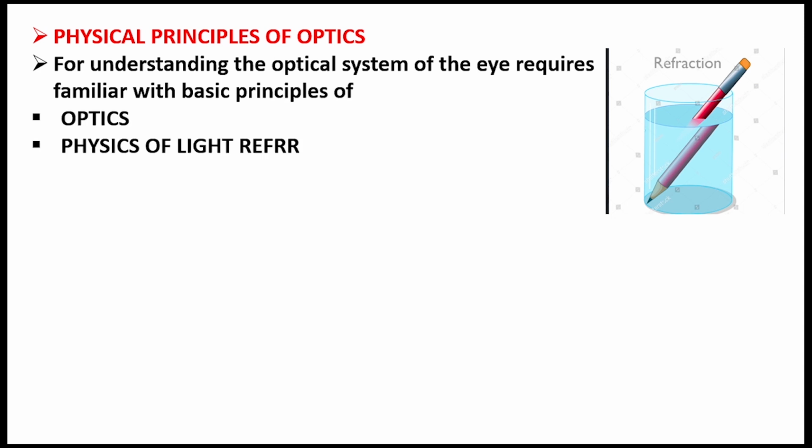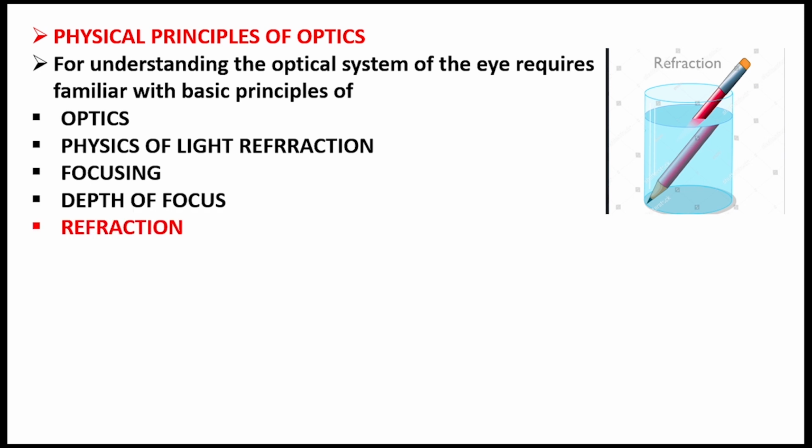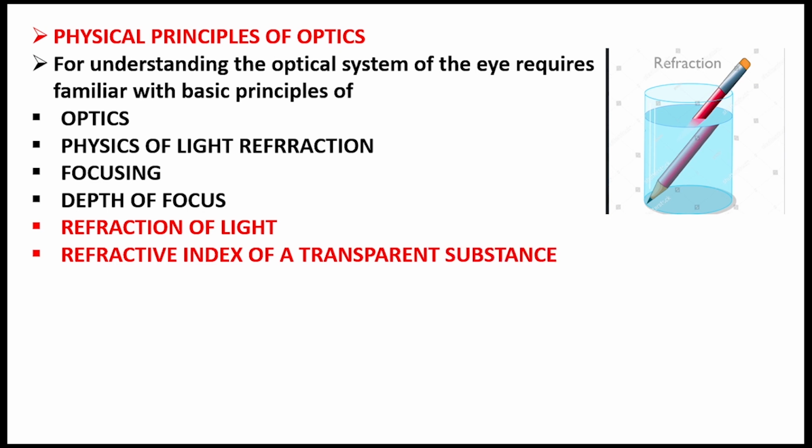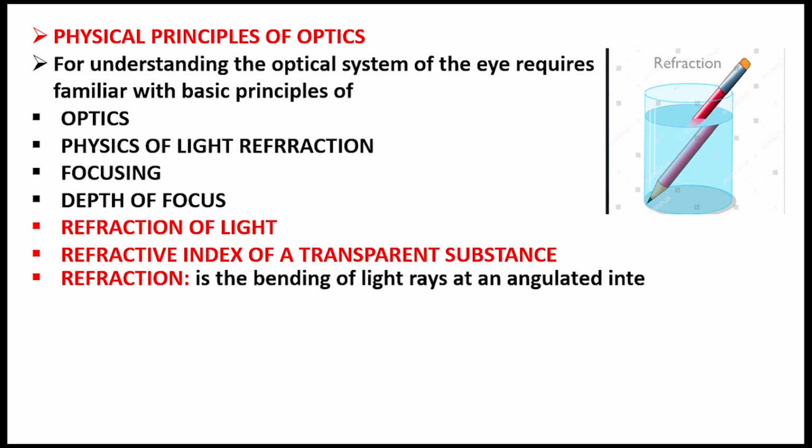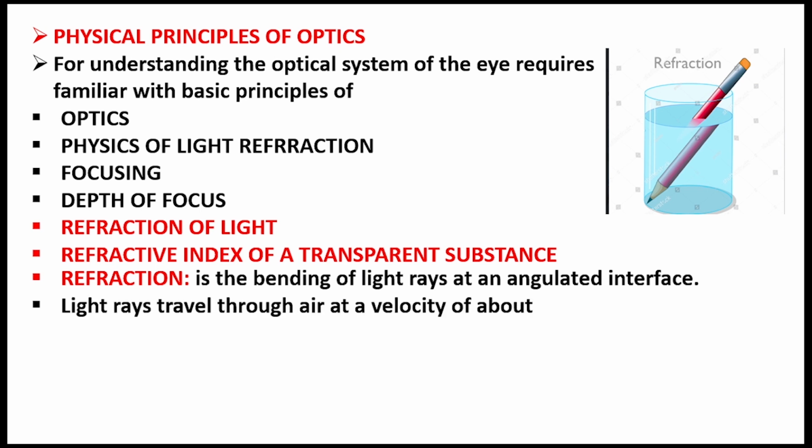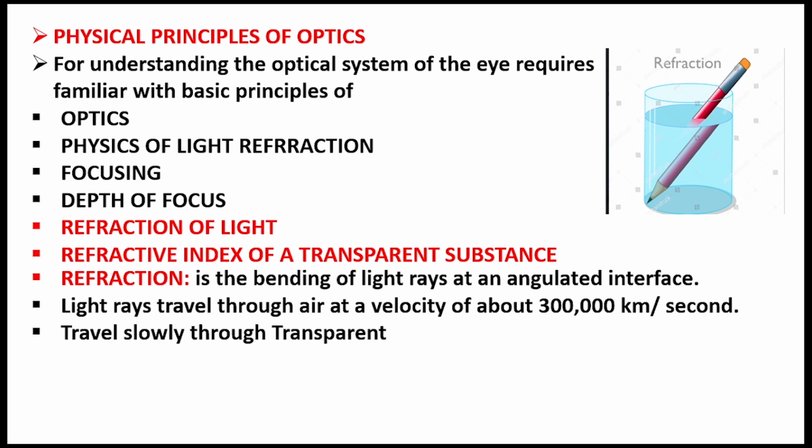Physics of light refraction. Focusing. Depth of focus. Refraction of light. Refractive index of a transparent substance. Refraction is the bending of light rays at an angulated interface. Light rays travel through air at a velocity of about 300,000 km/second. They travel slowly through transparent solids and liquids.